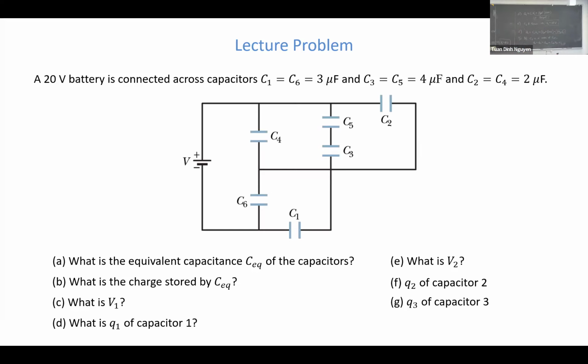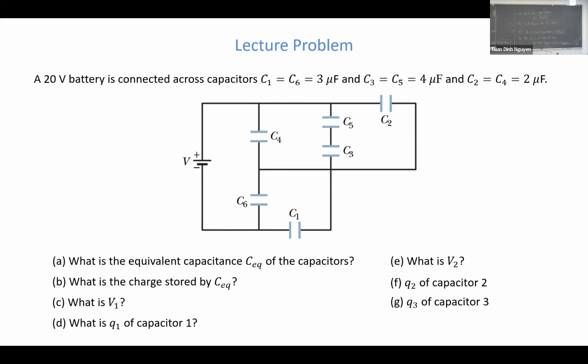Anybody know? Tell me what C35 is. 2 microfarads. And then V35 is 10 volts. So you have 20 microcoulombs. That's your answer.